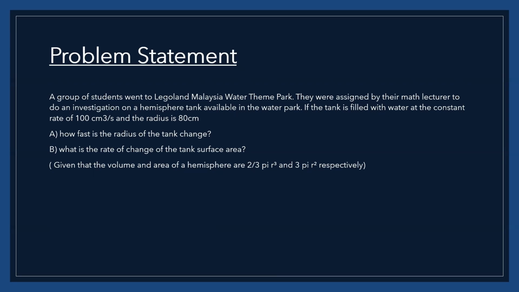We need to find how fast the radius of the tank changes and what the rate of change of the tank surface area is. Given that the volume of a hemisphere is 2/3 πr³ and the area of a hemisphere is 3πr².